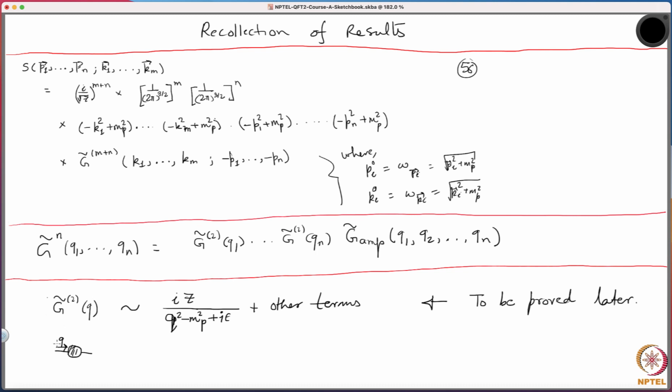This is also sometimes called the propagator. So one calls this 2-point function also a propagator. If you look at the propagator, it has a pole at the physical mass. Or equivalently, if you look at the denominator, it has a 0 at physical mass mp.